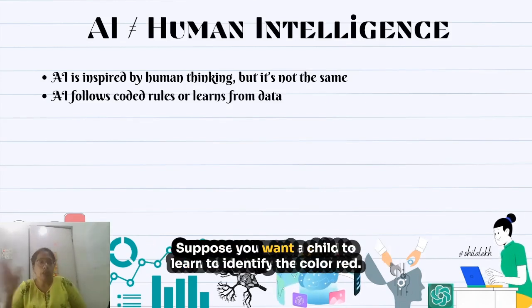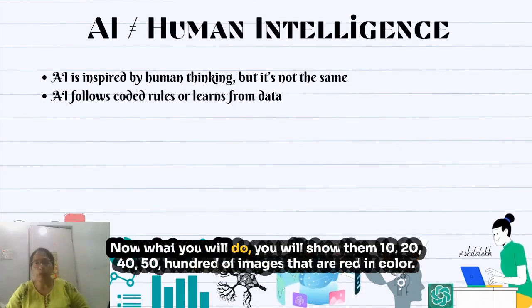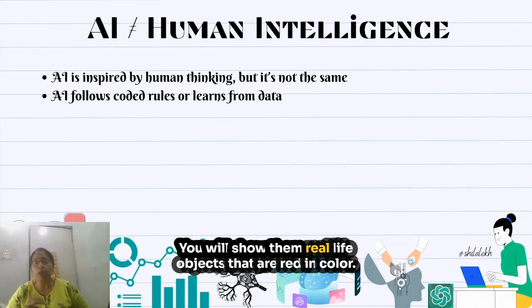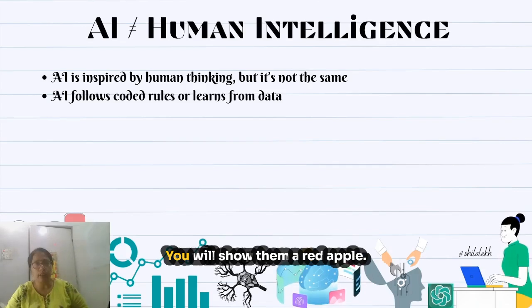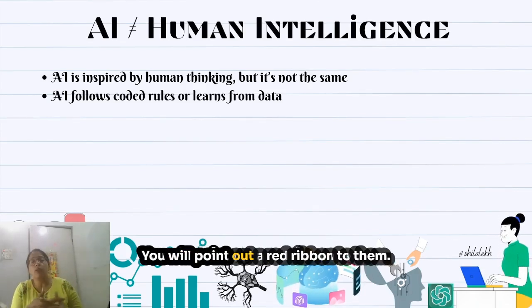Suppose you want a child to learn to identify the color red. Now what will you do? You will show them 10, 20, 40, 50, 100 images that are red in color. You will show them real life objects that are red in color. You will show them a red apple. You will show them a red dress. You will point out a red ribbon to them.